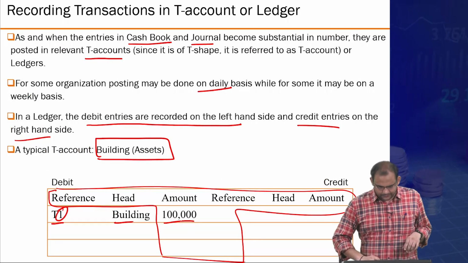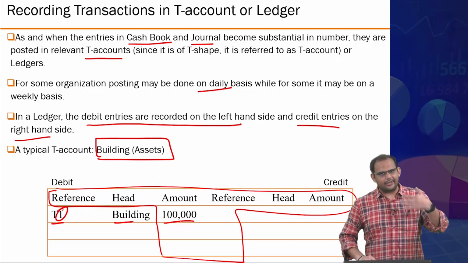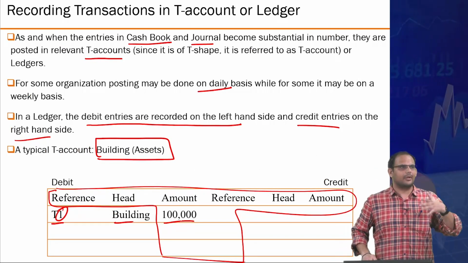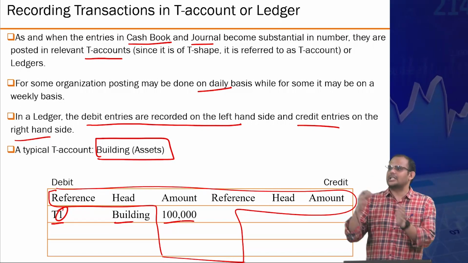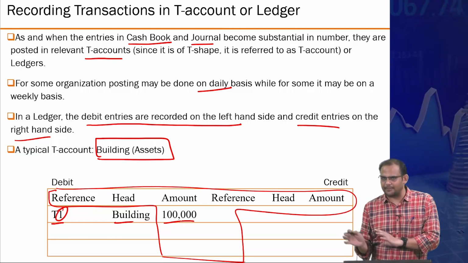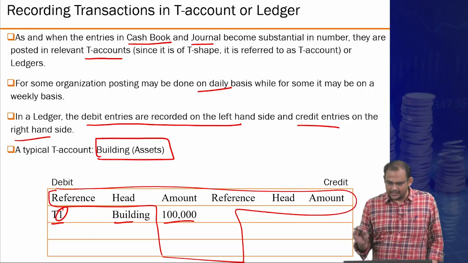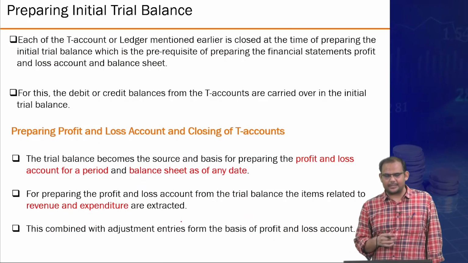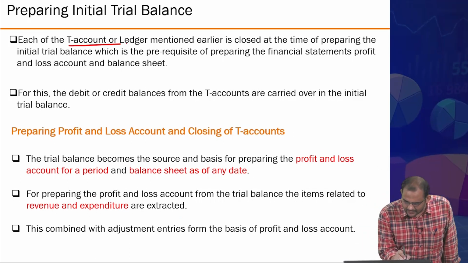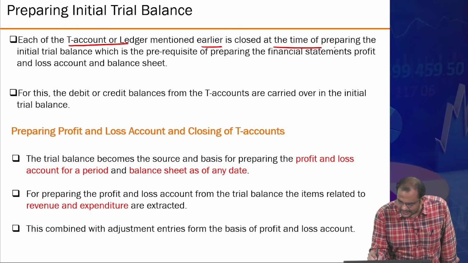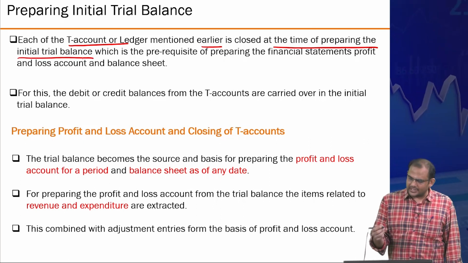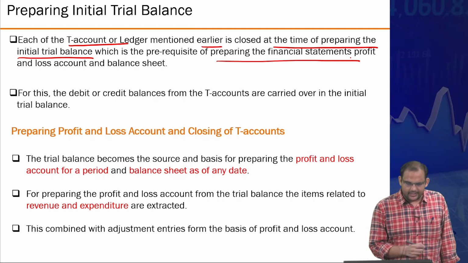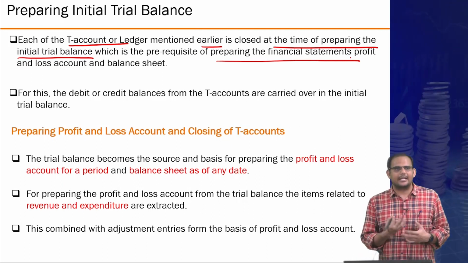So once you have sufficient number of entries even in your T account, you try to do a closing of this account and transfer the balance to the financial statements. I will show you a detailed example of that later, but here is the process. Each T account or ledger mentioned earlier is closed at the time of preparing the initial trial balance, which is the prerequisite for preparing the financial statements, which are the profit and loss account as well as the balance sheet.